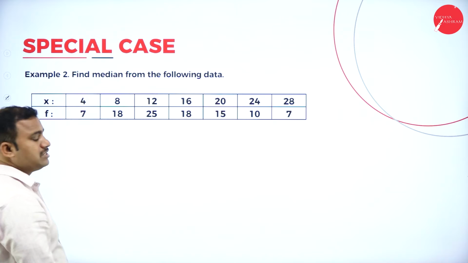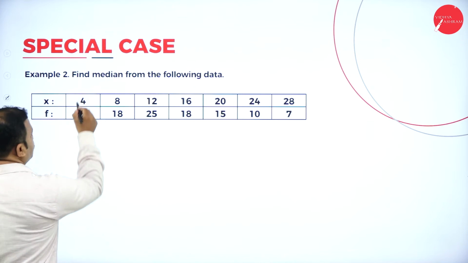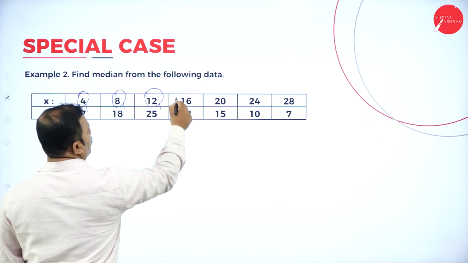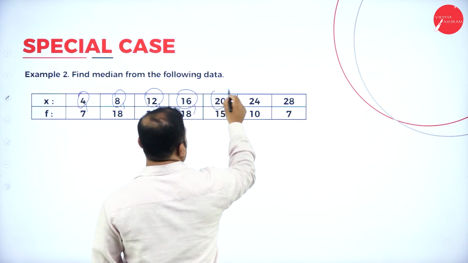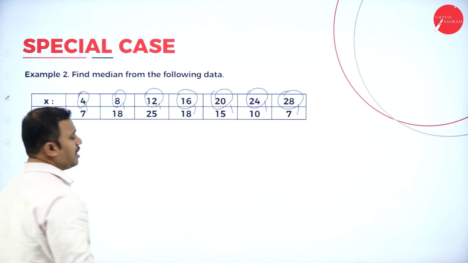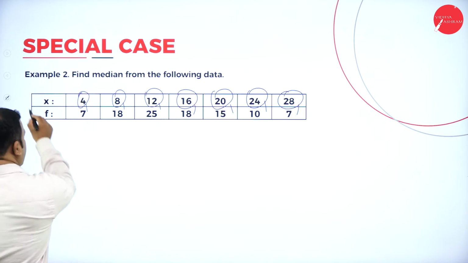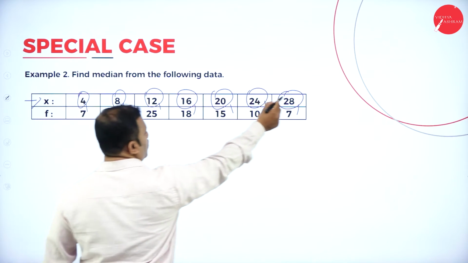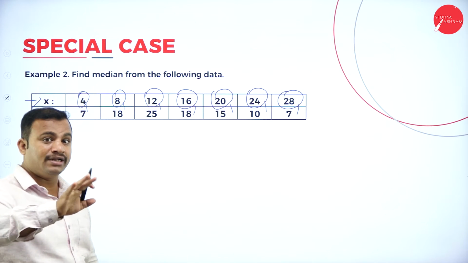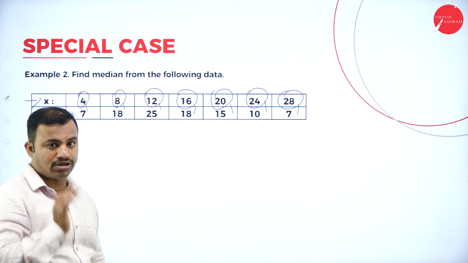Similarly, let me consider another set of data items: 4 is repeated 7 times, 8 for 18, 12 for 25, 16 for 28, 20 for 15, 24 for 10 and 28 for 7. Please observe this carefully. All these values of x are already arranged in increasing order. If it is not arranged, you have to arrange it in increasing or decreasing order.